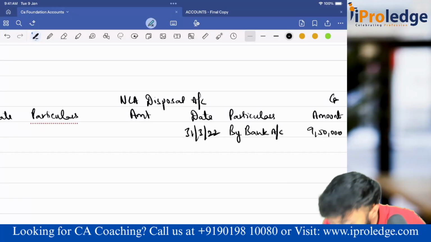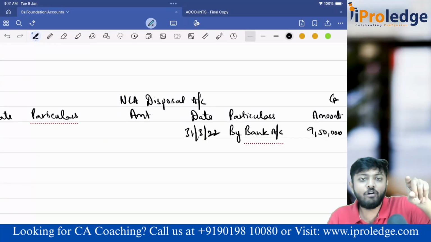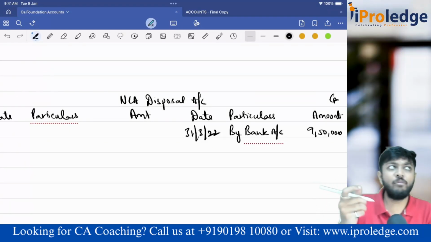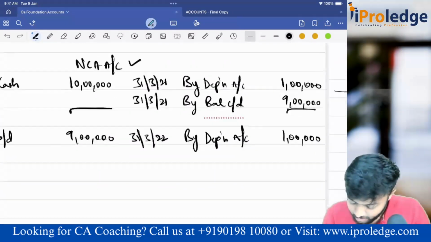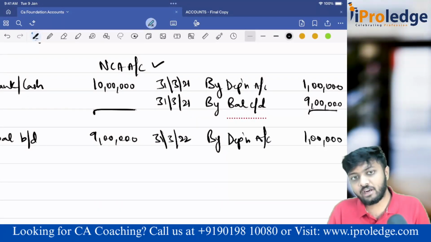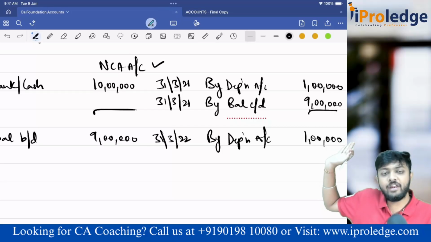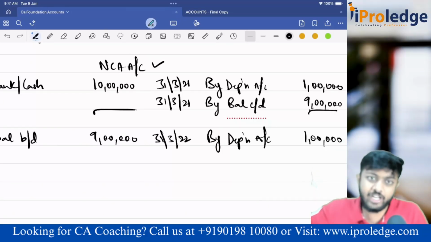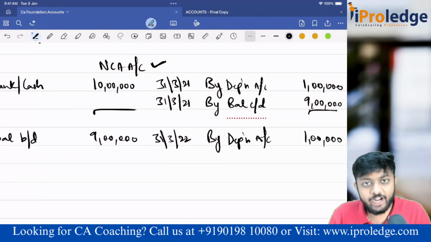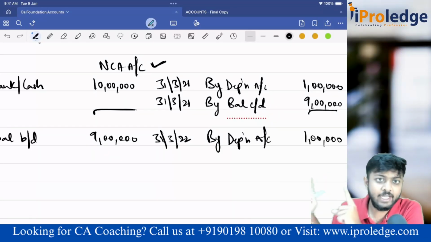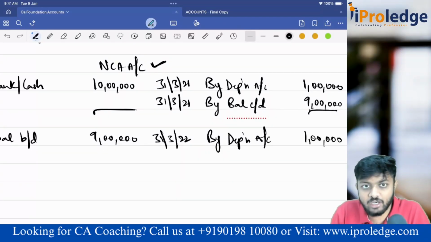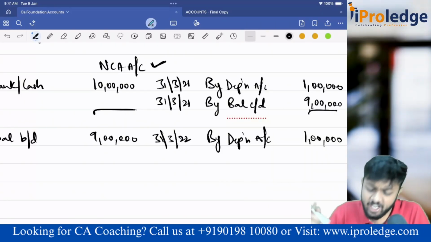9 lakh. Then you have all the relevant information of non-current asset in non-current asset account. That is here. Bank receipt entry is there in non-current asset disposal account. So whatever balance of that NCA that you are selling is there in NCA account, you transfer it to NCA disposal account.